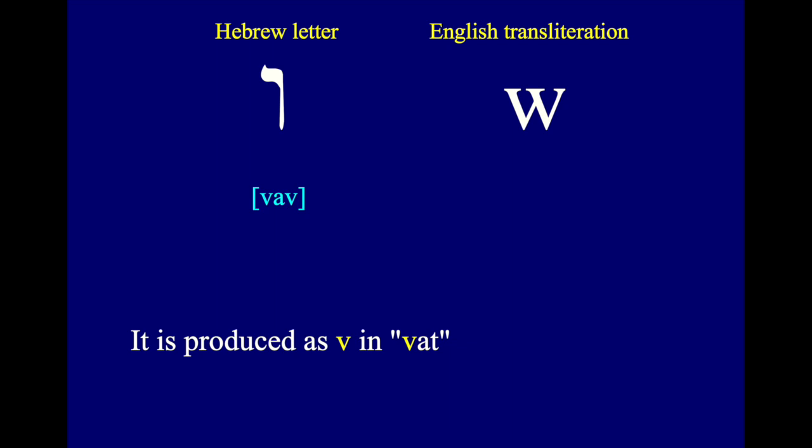So I'm going to call this letter Vav. You might hear some people call it a wow. You might hear wow, you might hear Vav, but I'm going to pronounce it Vav, as in that. Va, va. We are going to transliterate it with W, though.